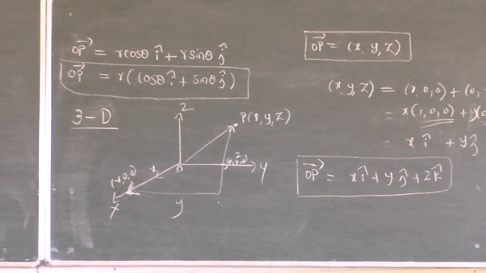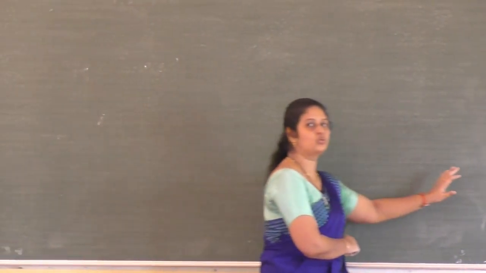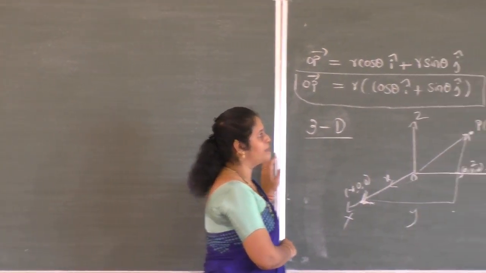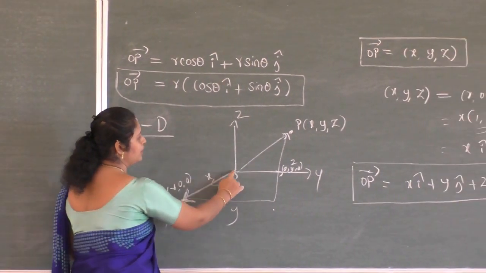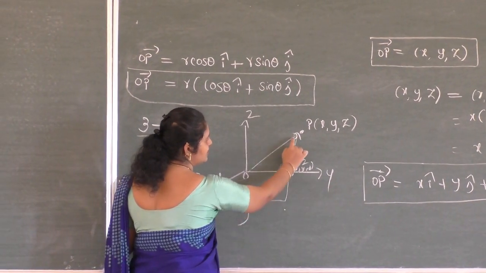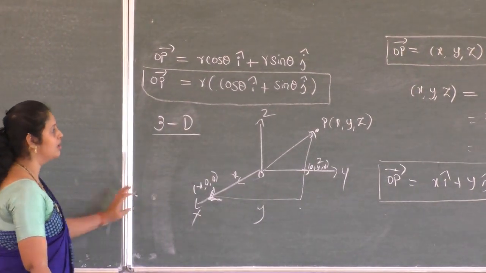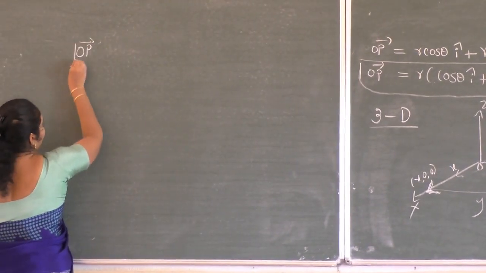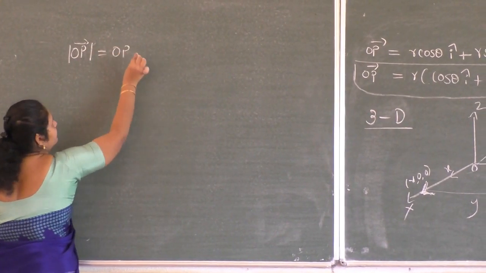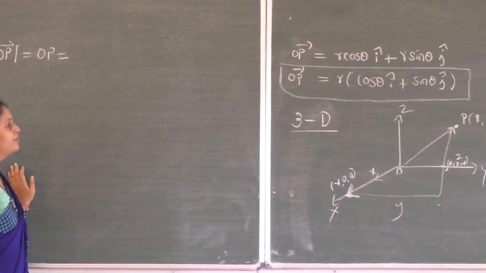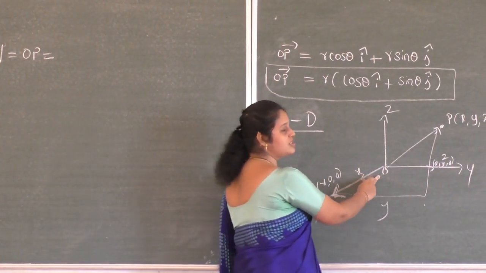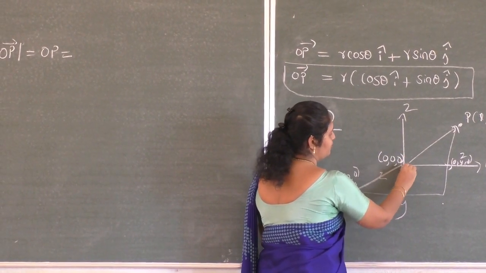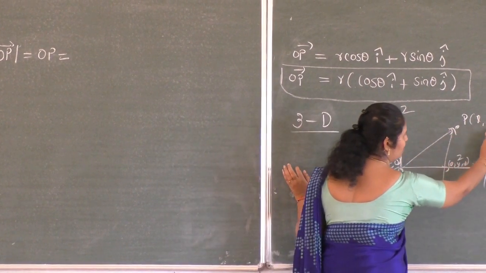Okay, now for that vector, we have to write its magnitude and direction. So what is the magnitude of vector OP? O is the origin 0, 0, 0, and P is x, y, z.